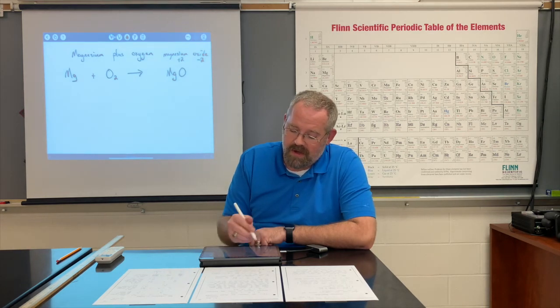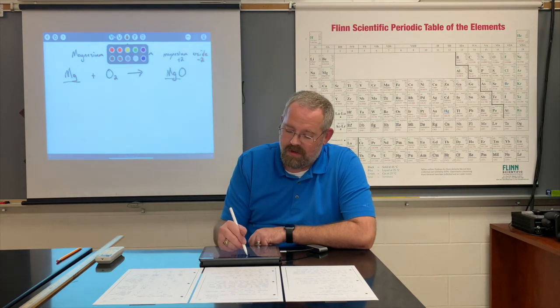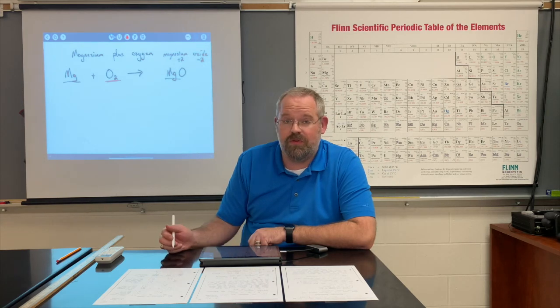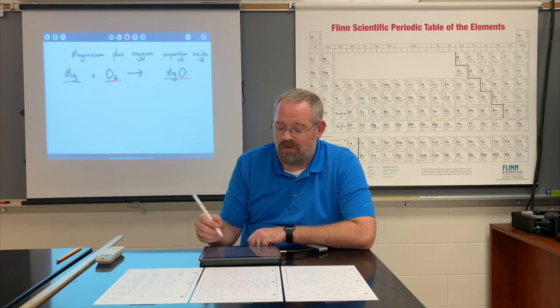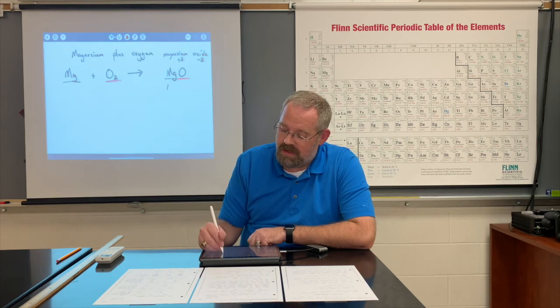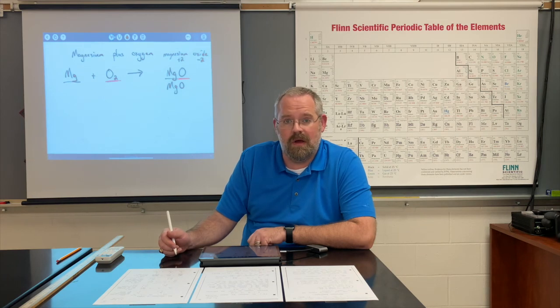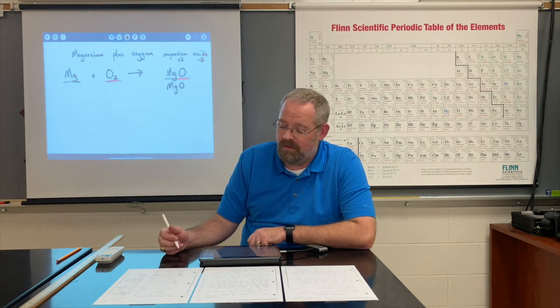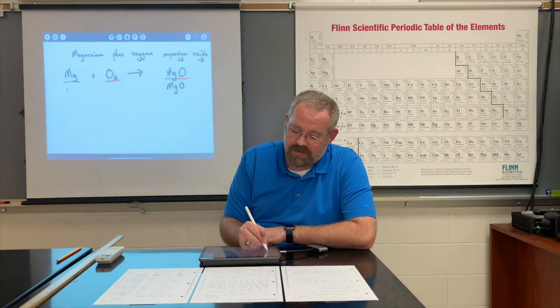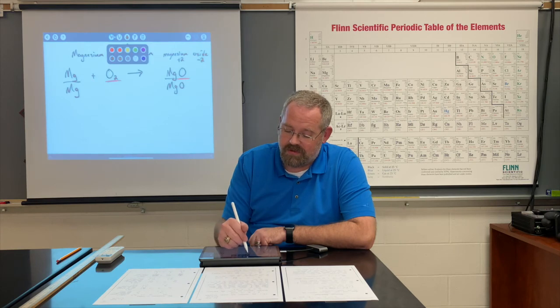So on my left, I have 1 Mg. On my right, I have 1 Mg. That one's good. On my left, I have 2 oxygens. On my right, I have 1 oxygen. So in order for this to be equal, I need a whole magnesium oxide molecule. So I'm going to add that to my right side. Well, that changed my Mg, so now I need another Mg, and that appears to have balanced.